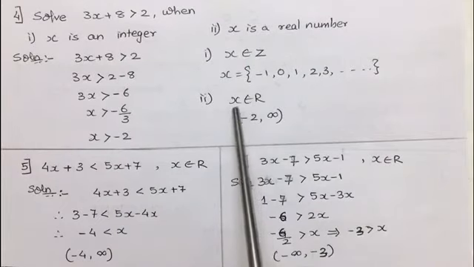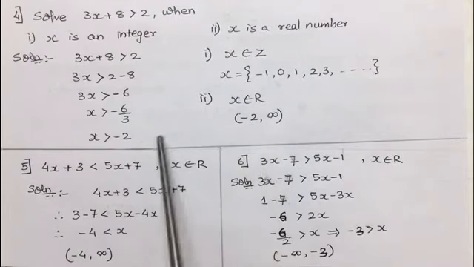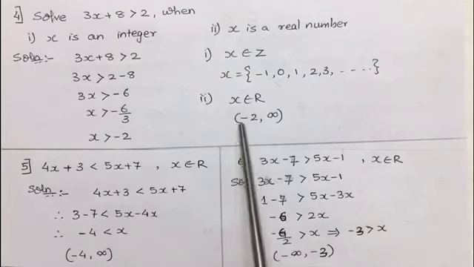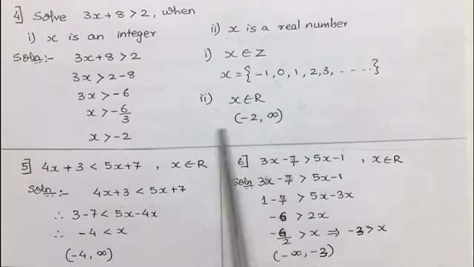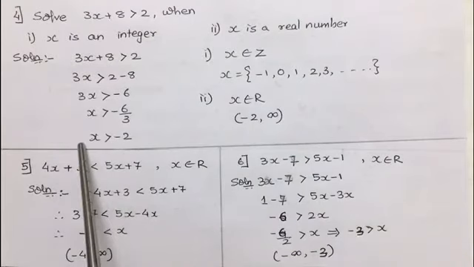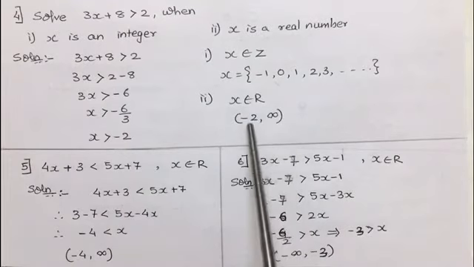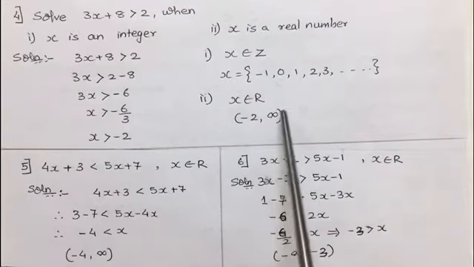When x belongs to R, then as the equality sign is not there, we have to keep an open interval towards minus 2, and it is taking all the positive values, the RHS side of minus 2, till positive infinity. So it will be the open interval minus 2 to infinity.